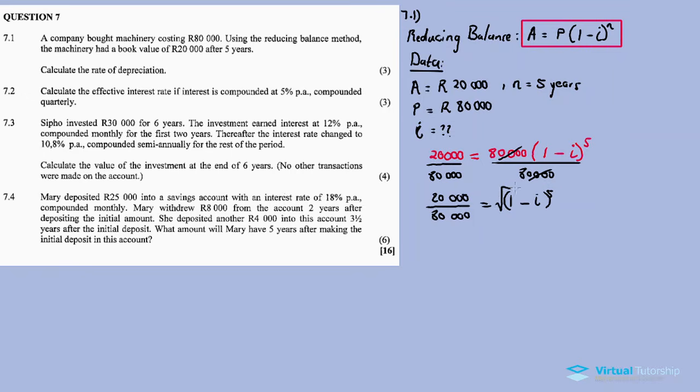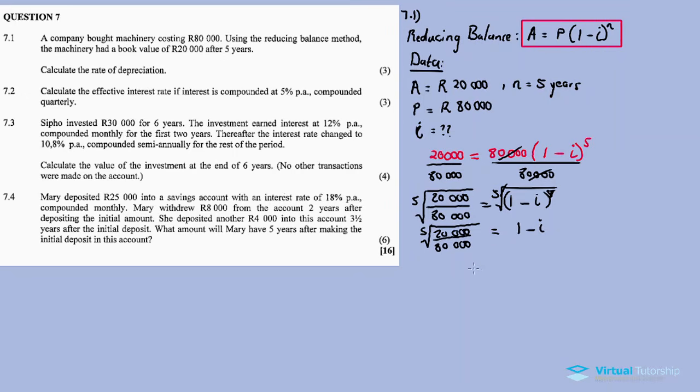Then I put the fifth root on both sides of the equation so that the fifth root cancels this exponent 5. I want to remove the exponent so that I will be able to solve for i. So 1 minus i equals the fifth root of 20,000 divided by 80,000.